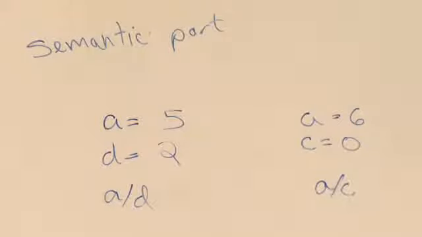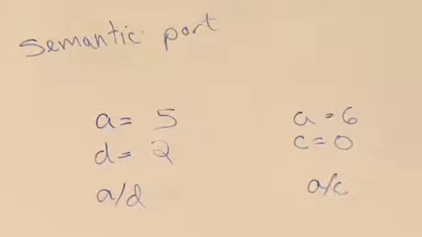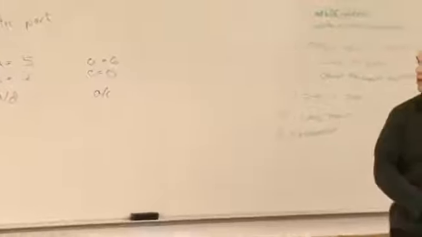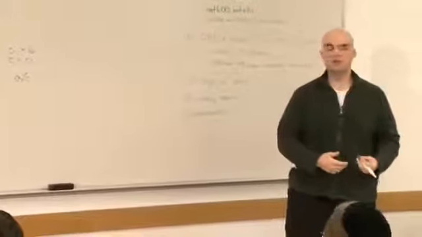It's an error. But syntactically, this is fine, and by its static semantics, this is fine. So this is the type of thing we're talking about with the semantic aspects of a program, right? Does it work properly?